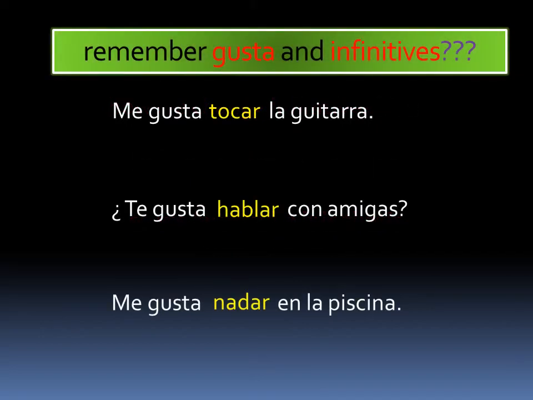Remember when we were using these verbs called infinitives, when we were talking about me gusta and te gusta and so on, somebody liking something? Let's look below each sentence and recall what we were really saying.